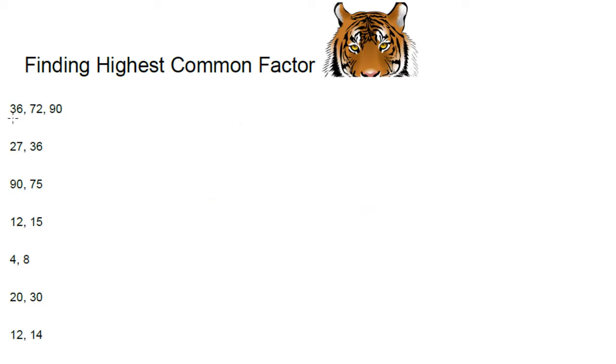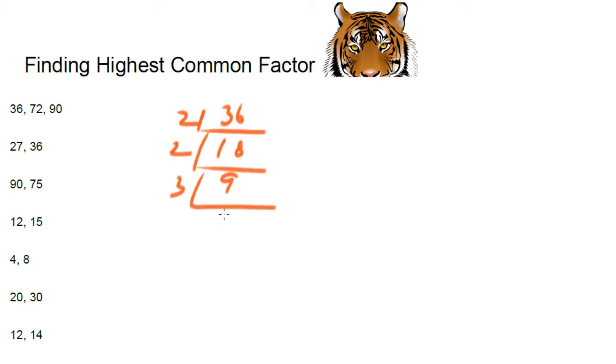In order to find the highest common factor of these three numbers, you'll have to find the prime factors of these three numbers first. So draw an upside down division box, write down the number in it and find the smallest prime number that can divide into this number, which in this case is 2. 2 times 18 is 36 and 2 times 9 is 18. 3 times 3 is 9 and 3 times 1 is 3.